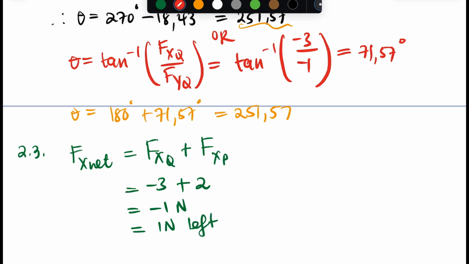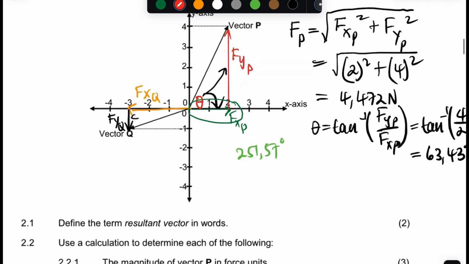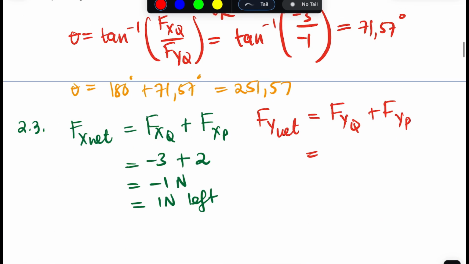Now let me calculate the Fy net, adding all the y's. So it's going to be Fyq plus Fyp. Let's look at the Fyq. You can see there, it's going down. So it's going down, it's negative 1.